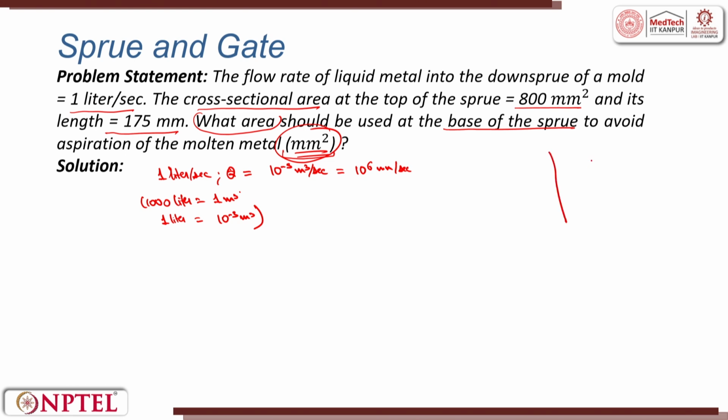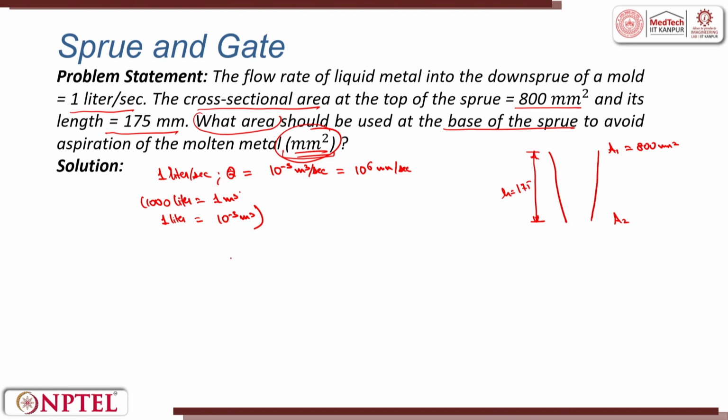Again, the sprue is something like this, with height given as 175. The area here A2 and A1, it has been given area at the top of the sprue is 800 millimeter square. A1 is 800 millimeter square.